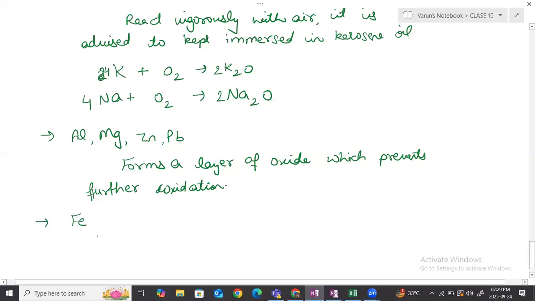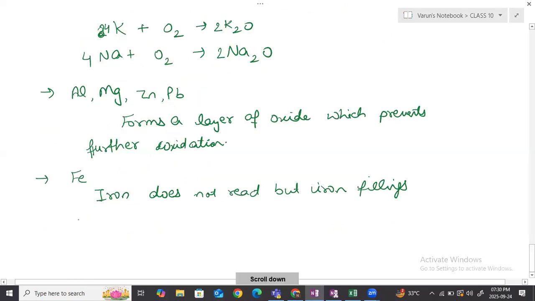Next we have iron. Iron doesn't react, but iron filings, like small pieces of iron in powdered form, react vigorously. That you have to learn basically. It is a learning part.